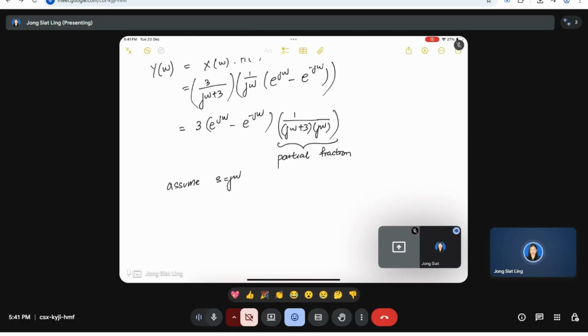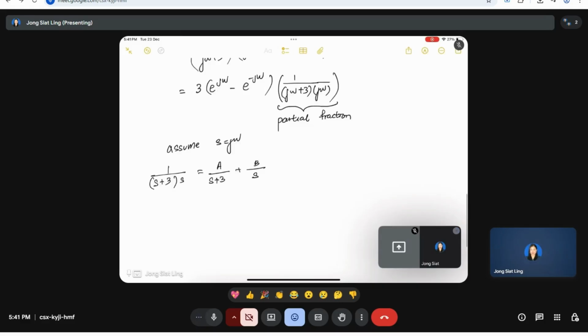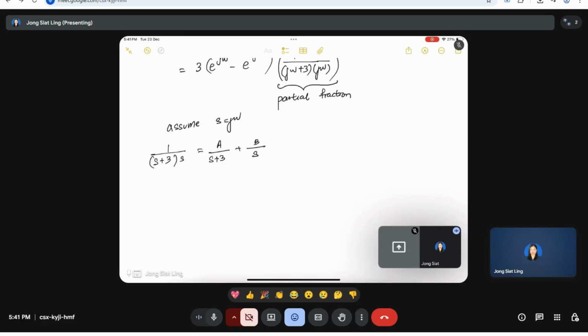So 1 over s(s plus 3) can be equivalent to A over s plus 3 plus B over s. We move s(s plus 3) to the right-hand side, so we get 1 equals A s plus B(s plus 3).